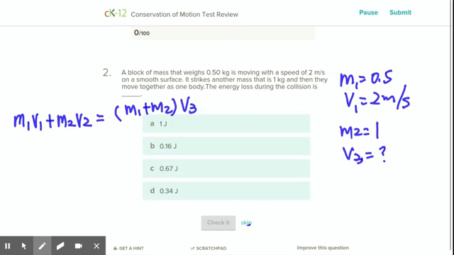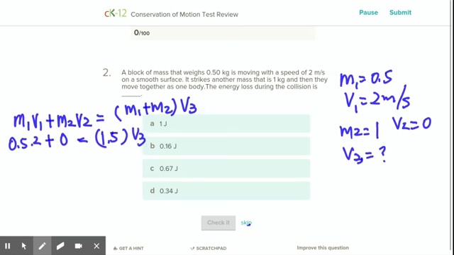V2, it seems like we don't know, but I'll just assume V2 is 0 because it didn't tell you. All right. So then you plug it in. M1 V1 is 0.5 times 2 plus 1 times 0 is 0, equal to 0.5 plus 1 is 1.5 times V3.